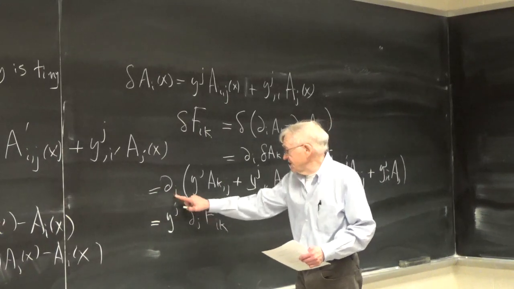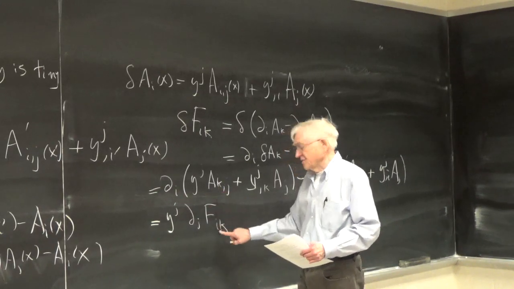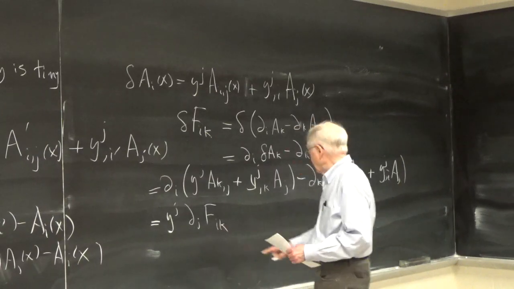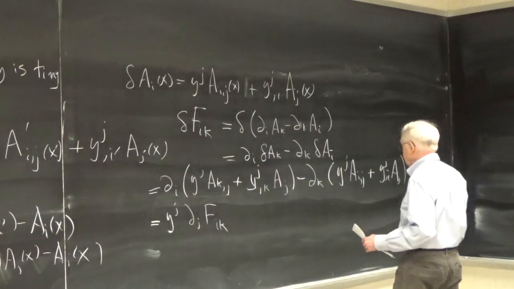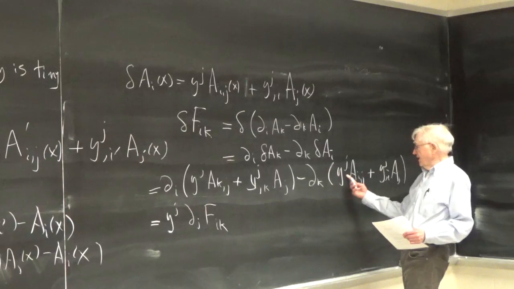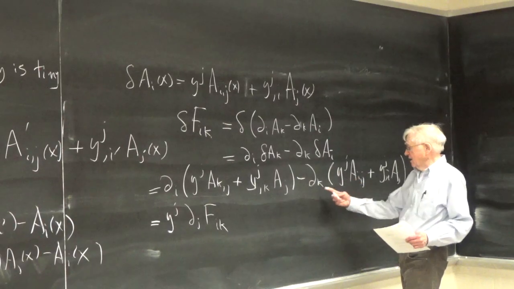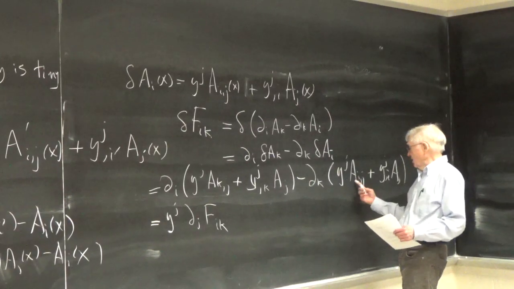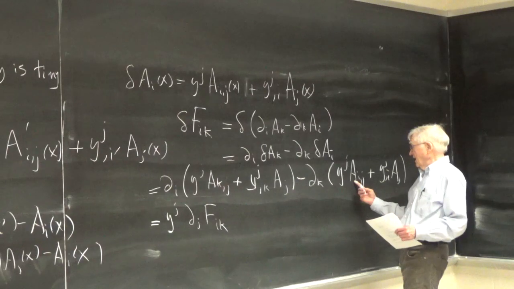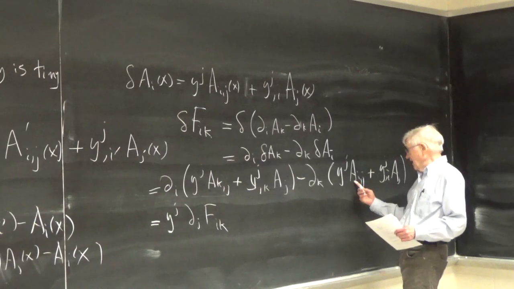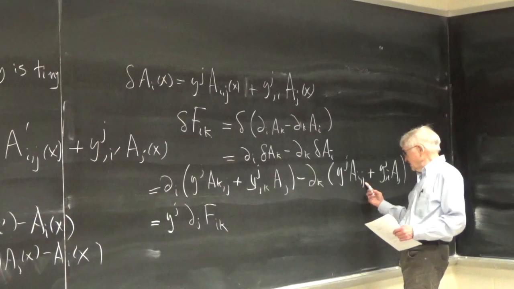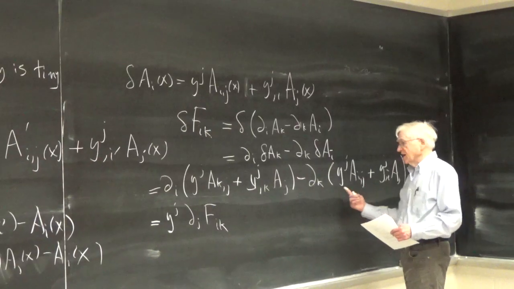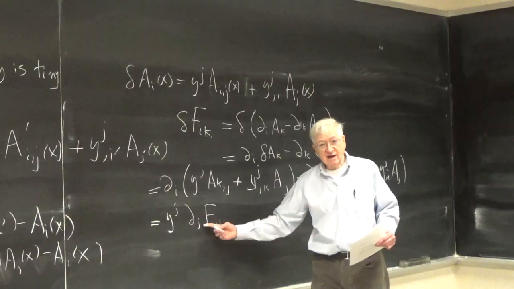And then I took d_i A_k, that's the first part of F_ik, and then I went down here and pulled out the y^j and let the d_k act on A_i, and then pulled out the comma j as a d_j.